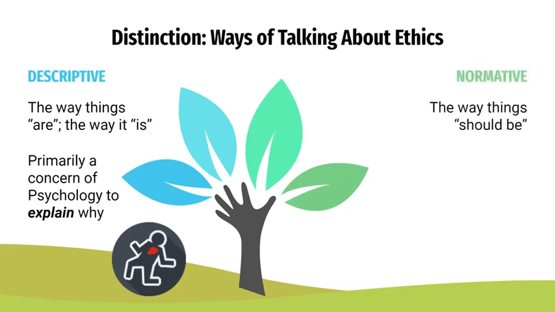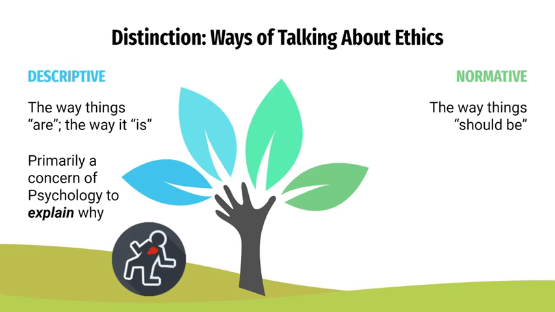But ethics is what we would call normative. And what we mean by that is the way things should be. So we try to understand, and think it's important to understand, how people act, right? But the question that ethics is about and philosophers are concerned with is how people should act, whether they ought to behave in certain ways.